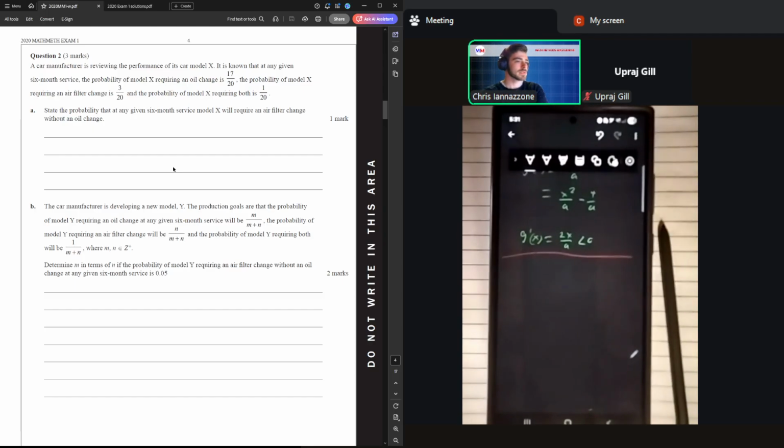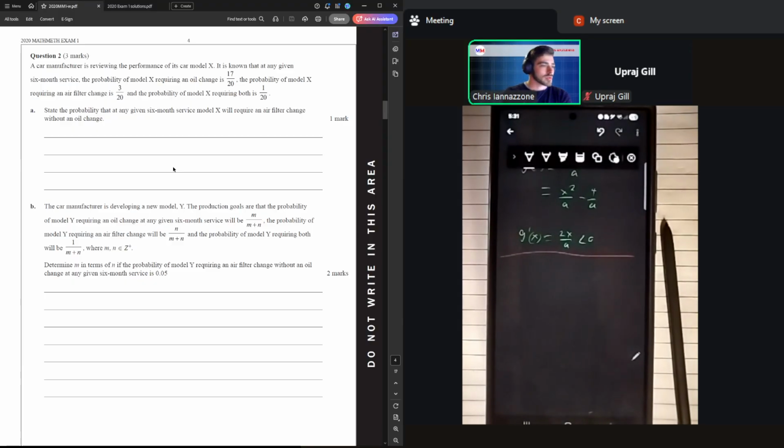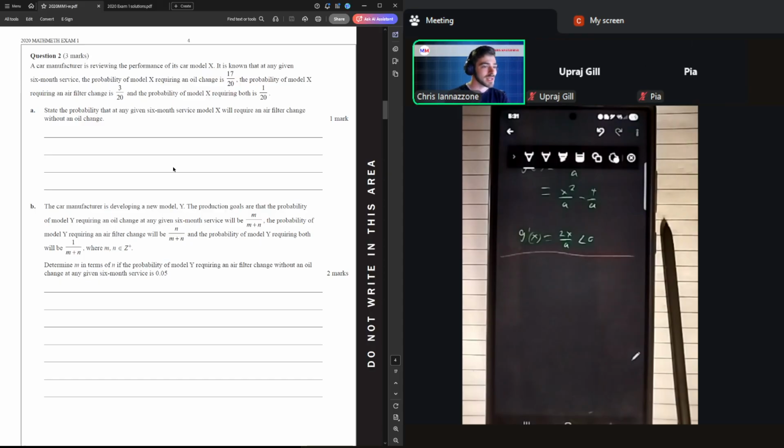Probability. Contrasting the differences between oil changes and air filter changes. We're told the probability of an oil change, probability of an air filter change, and the probability of requiring both. We want the probability of an air filter change without an oil change.